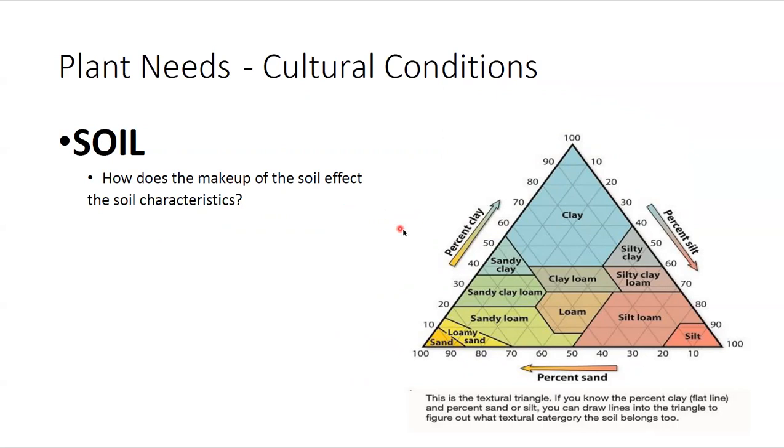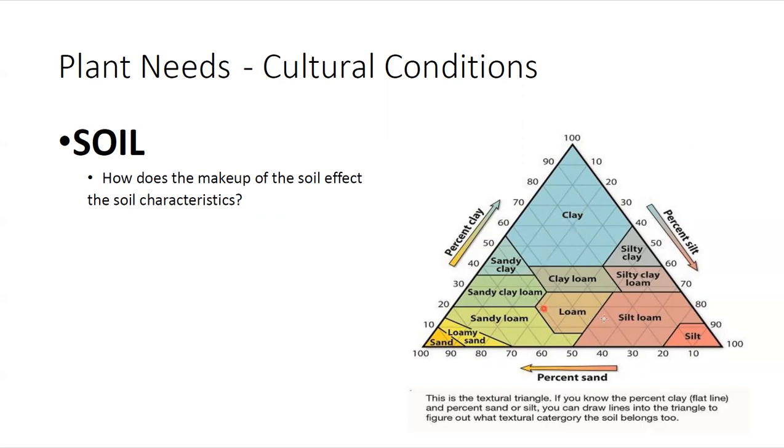Okay, so that being said, the percent clay, percent silt, and percent sand really helps us define what type of soil it is. And these are the typical soil types. 100% sand plus or minus is a sandy soil. Same with silty. And then if there's relatively high clay content, then we get a clay soil.